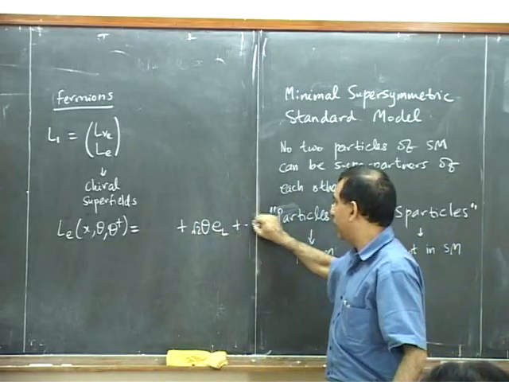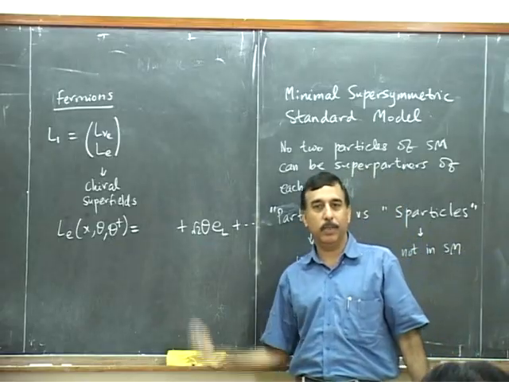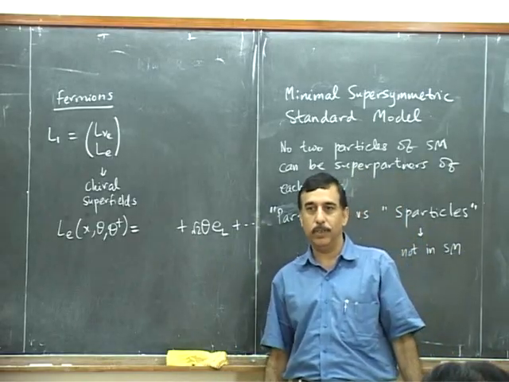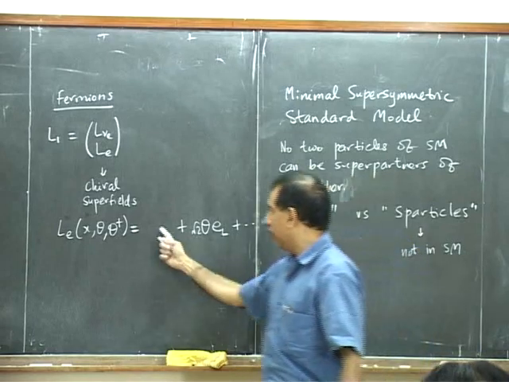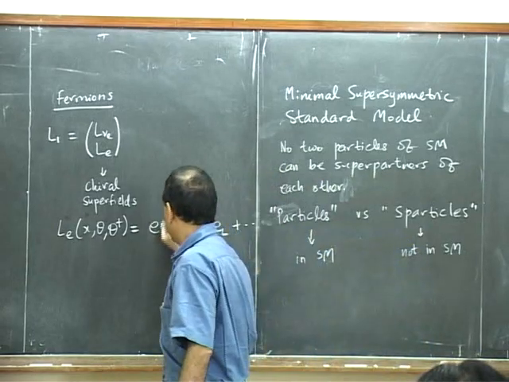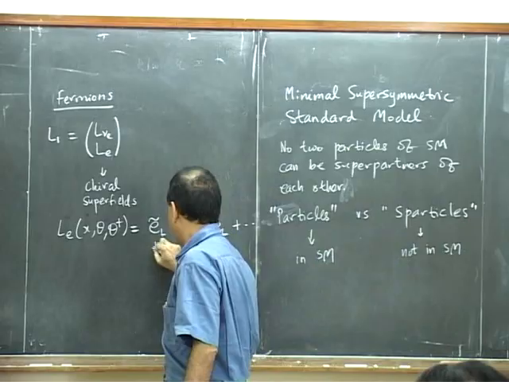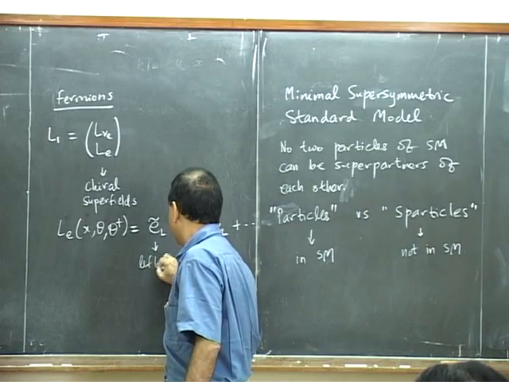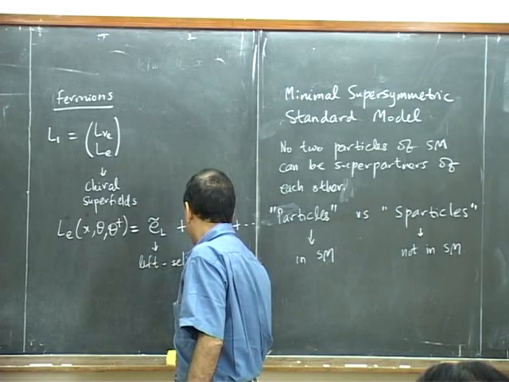Then it will have an auxiliary field which we never need to worry about because that will get eliminated by equations of motion. It's not a new particle. The new particle is here, and this particle we will call e tilde L, and it will be called the left selectron.